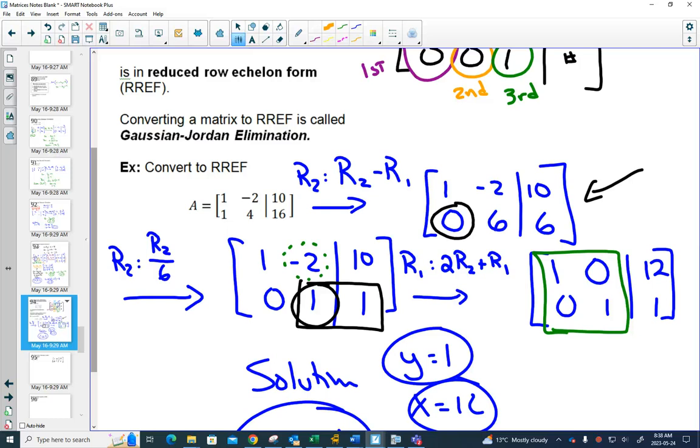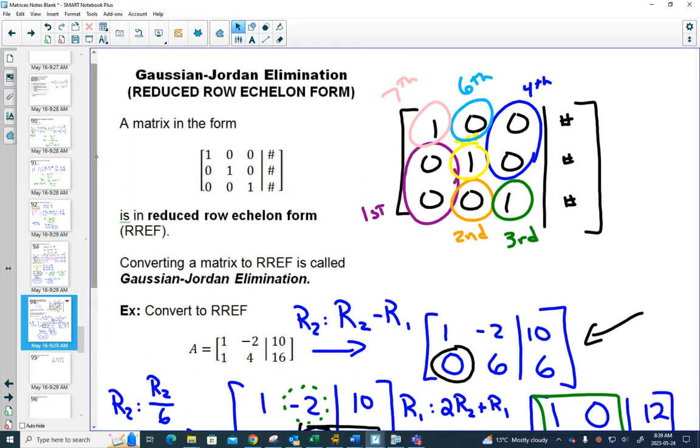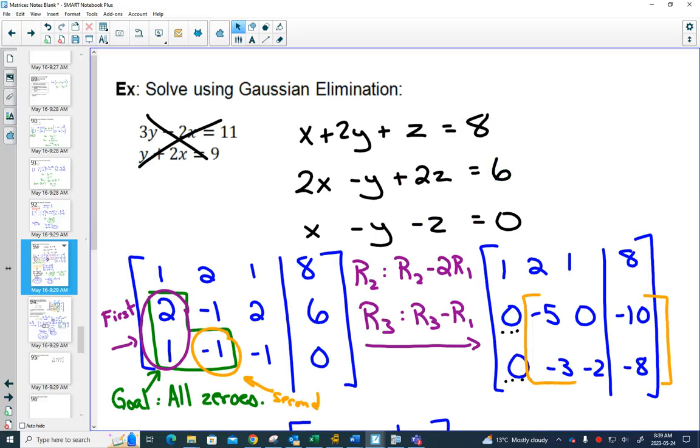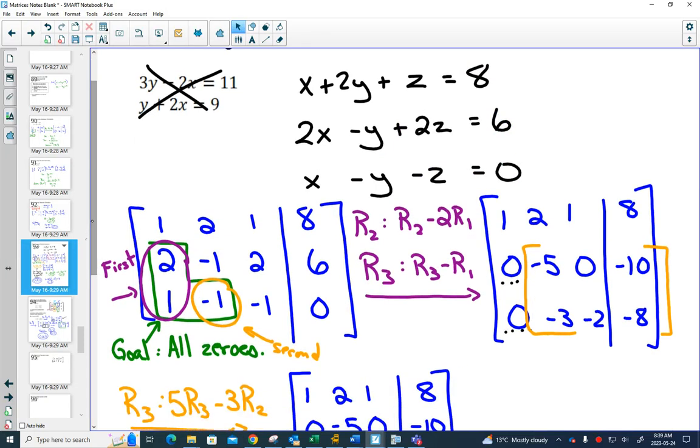And the next thing you would do is, in this green dotted area, make that a 0, still using your row operations. Now, if we get to a 3 by 3, and we did 3 by 3s with Gaussian elimination as well, here's the 3 by 3 that we did with Gaussian elimination, right? We got these to be zeros first.